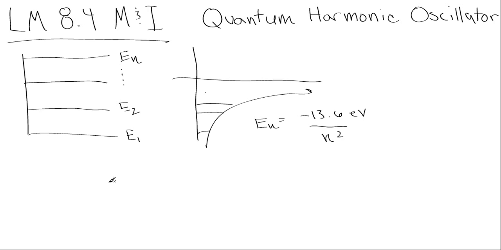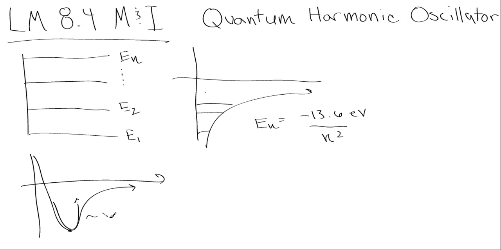And now we discuss the harmonic oscillator, which is important because almost every realistic potential can be modeled as a harmonic oscillator near an equilibrium point. So for instance, if we imagine the potential that exists between a pair of atoms in a solid or in a material, we have some potential that looks like this, and near the equilibrium point we get what looks like a parabola that goes like x squared.